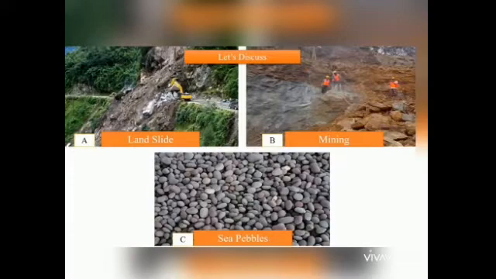We use the things shown in A and C for construction purposes, constructing buildings, houses, rooms, and colored pebbles are used for decoration. It could be in your fish tank or in potted plants. In several other places, sea pebbles are used for decoration.